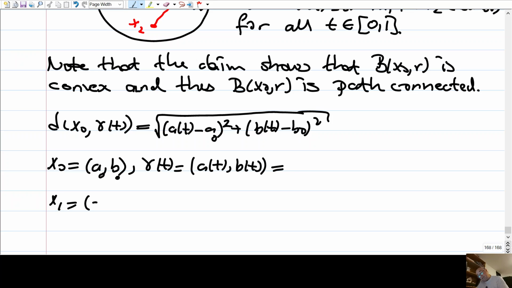Suppose x1 is just a1, b1, and x2 is a2, b2.